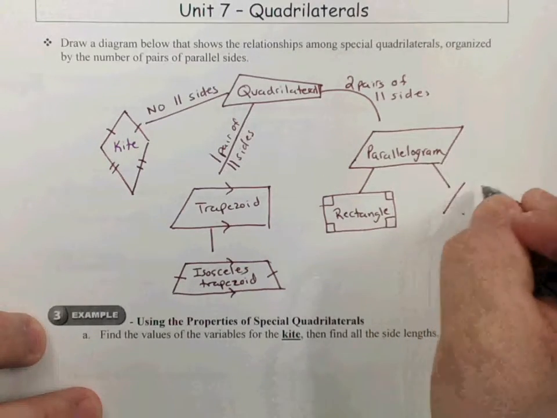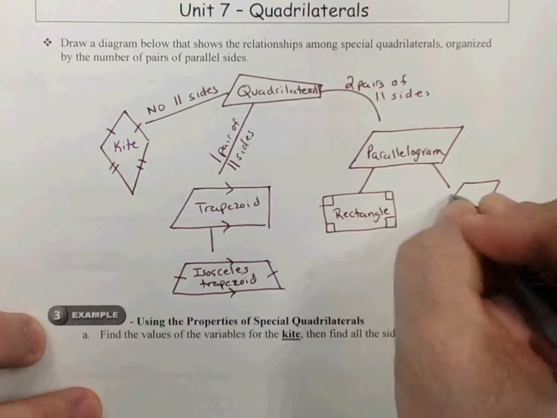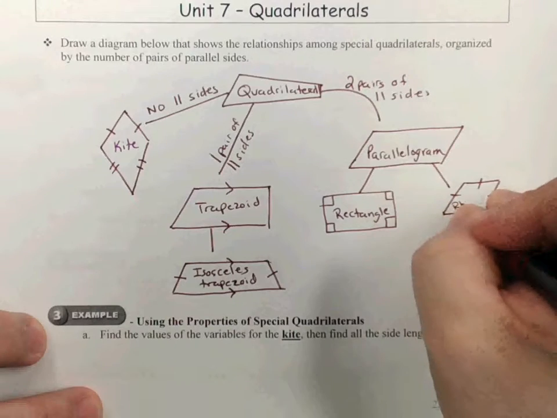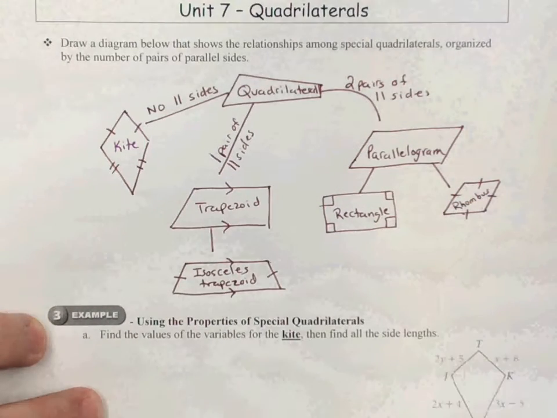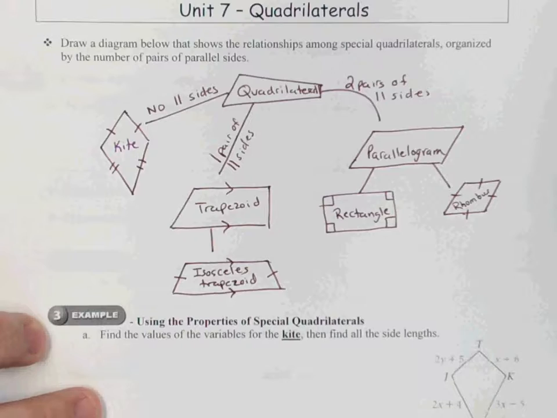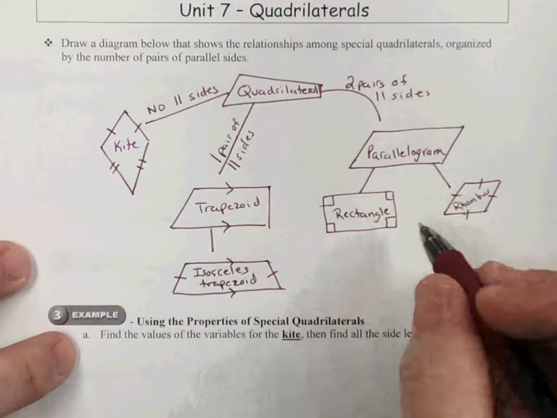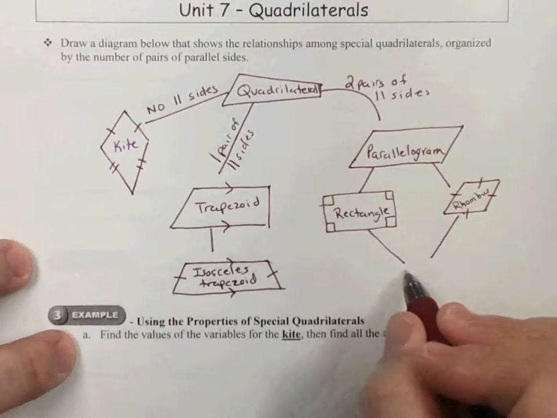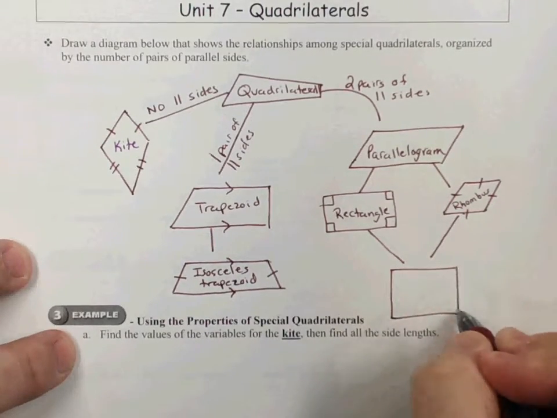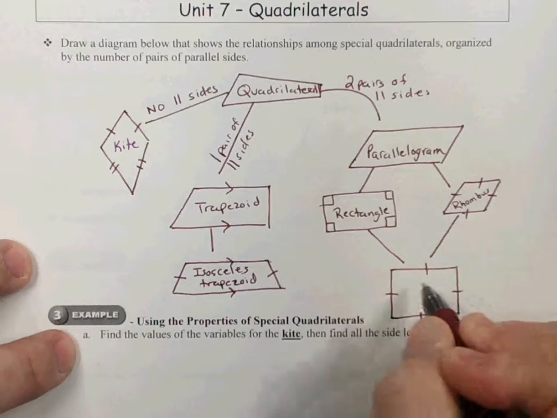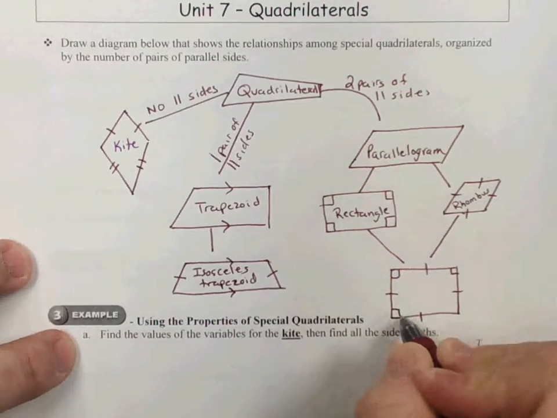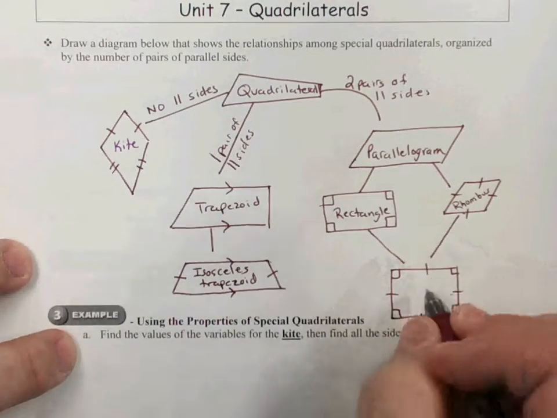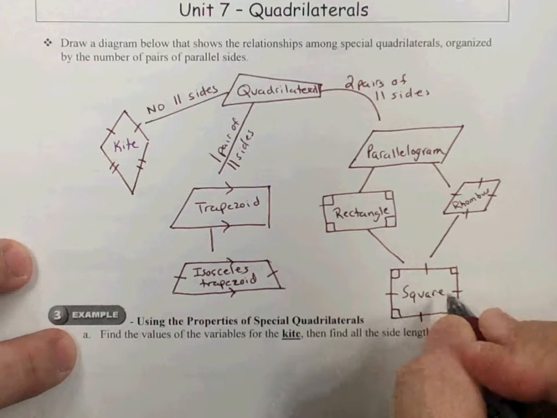And if it just has four congruent sides, we call this a rhombus. And a special type of rectangle and a special type of rhombus form what we call something that has four sides congruent and four right angles. Sorry, it's not perfect, but this is what we call a square.